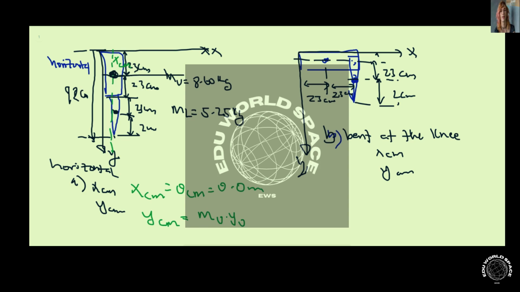So this distance right here, y upper, will be 23 centimeters, and then this distance right here, if we could stretch it all the way, we have to give it some space. So from this reference point at the top, up until that part, the y lower is going to be 69 centimeters, as you can see. So those are the numbers we're going to use.